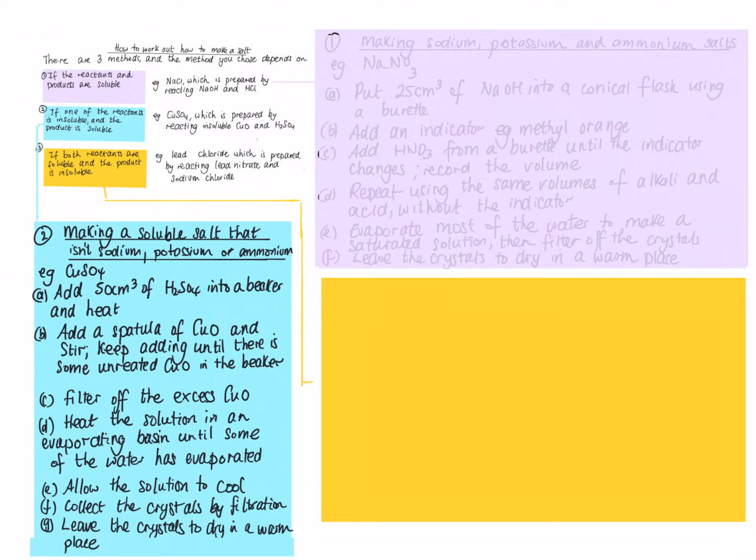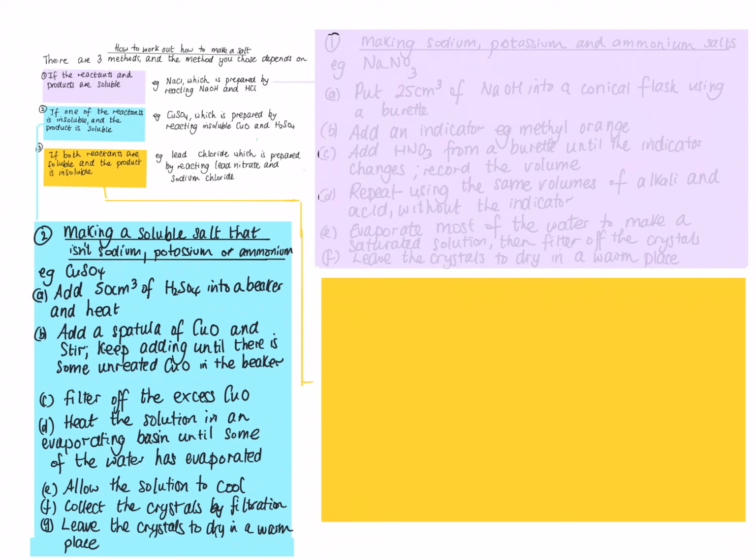So what we do for this method is we add 50 centimeters cubed of sulfuric acid into a beaker and we heat it to speed up the reaction. You add a spatula of copper oxide and you stir, and you keep adding until no more copper oxide reacts, so you end up with black copper oxide at the bottom of the beaker.